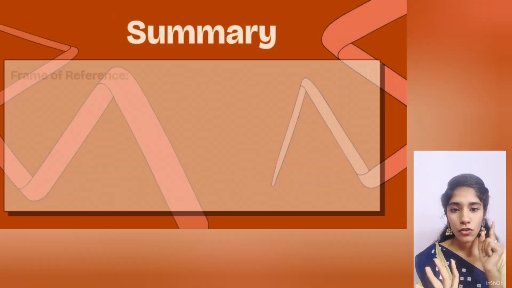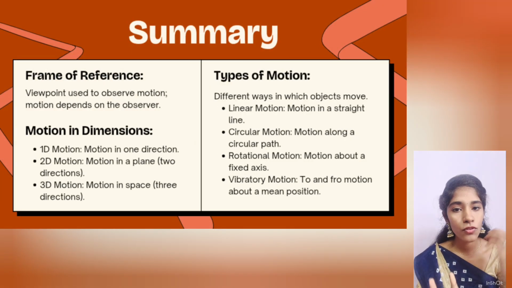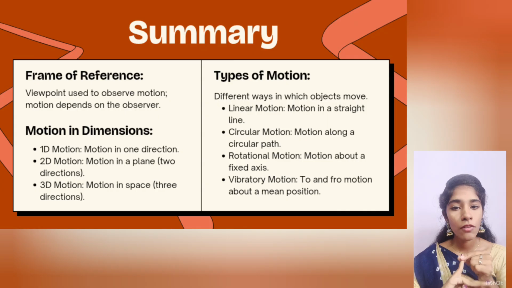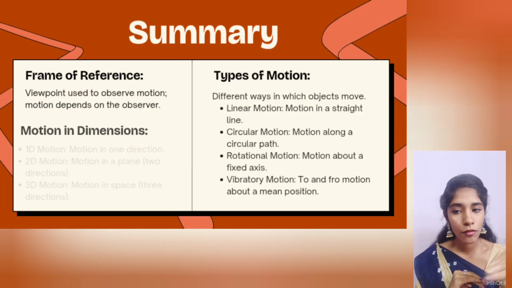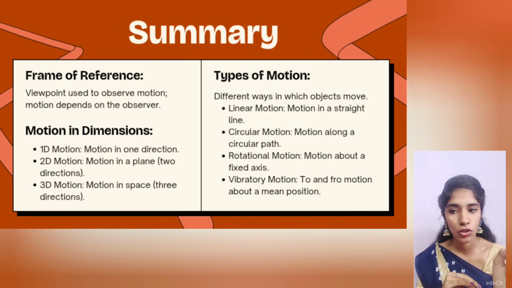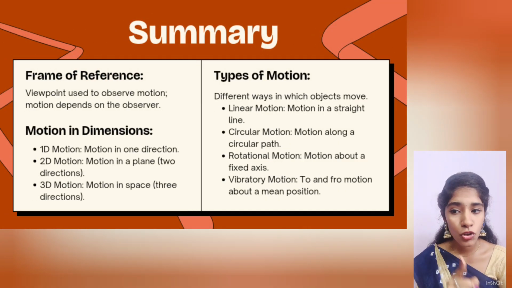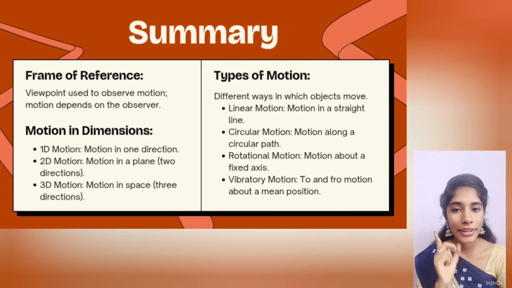Linear motion moves in a straight line, circular motion moves around a circular path, and rotational motion is about a fixed axis. For vibratory motion, there is a to-and-fro motion about the mean position. Next, we dealt with motion in dimensions: 1D, 2D, and 3D.